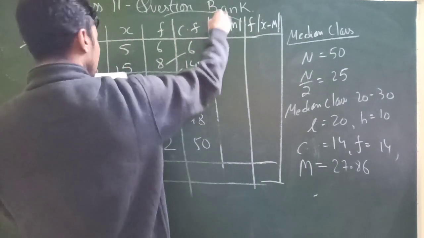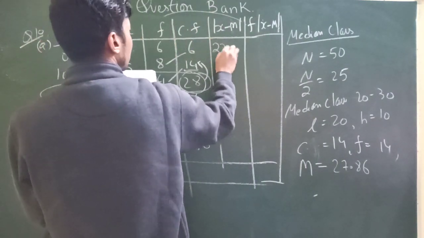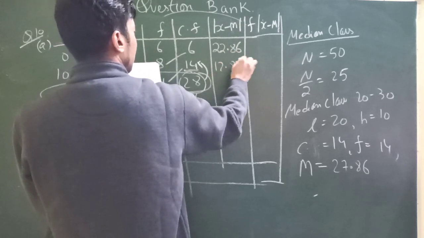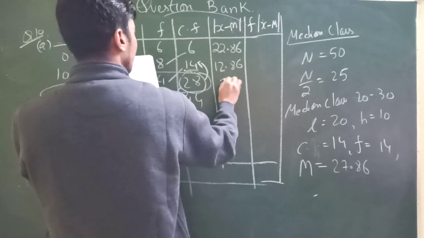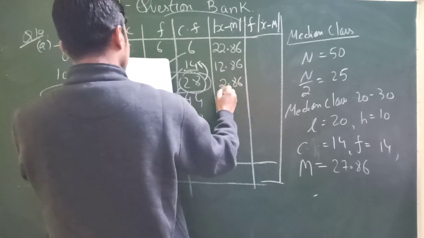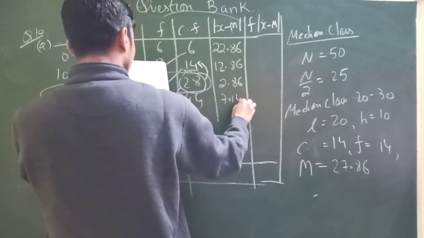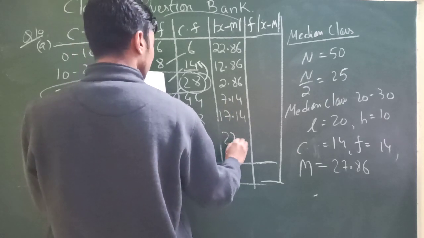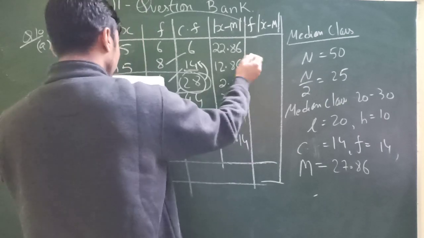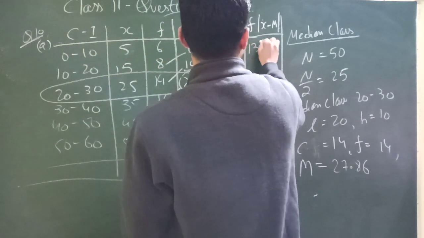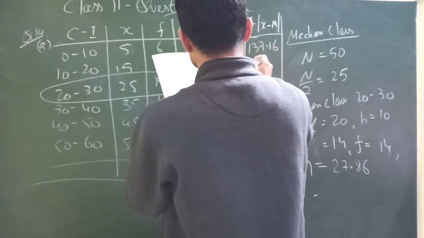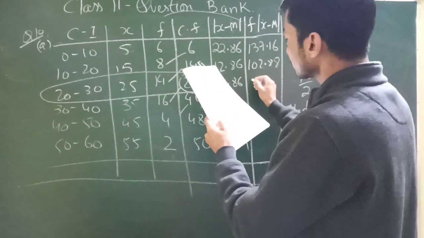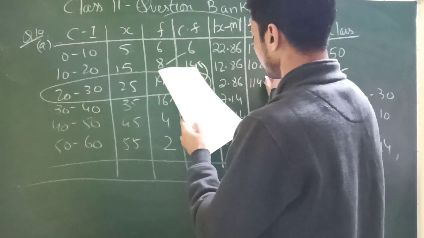So the magnitude of x minus median is going to be 22.86, 12.86, 2.86, 7.14, 17.14, 27.14, and the product with the frequency is 137.16, 102.88, 114.24.